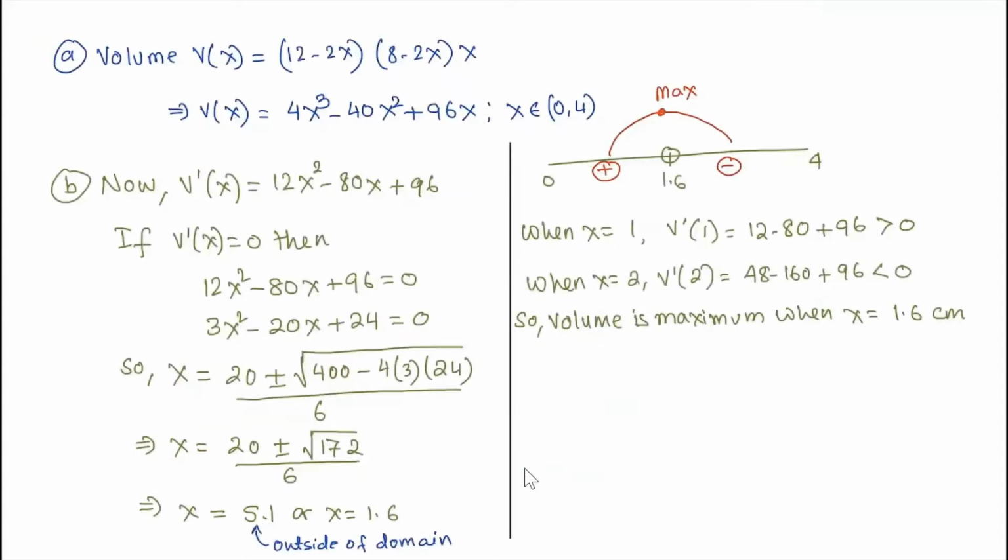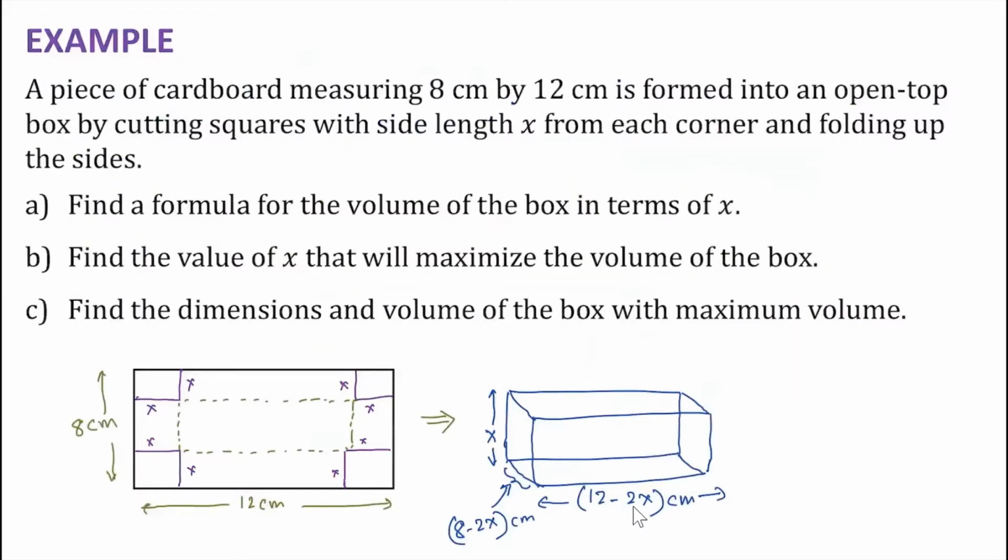So for part C, the dimension of the box with maximum volume is, your first side is 12 minus 2x and x is 1.6.